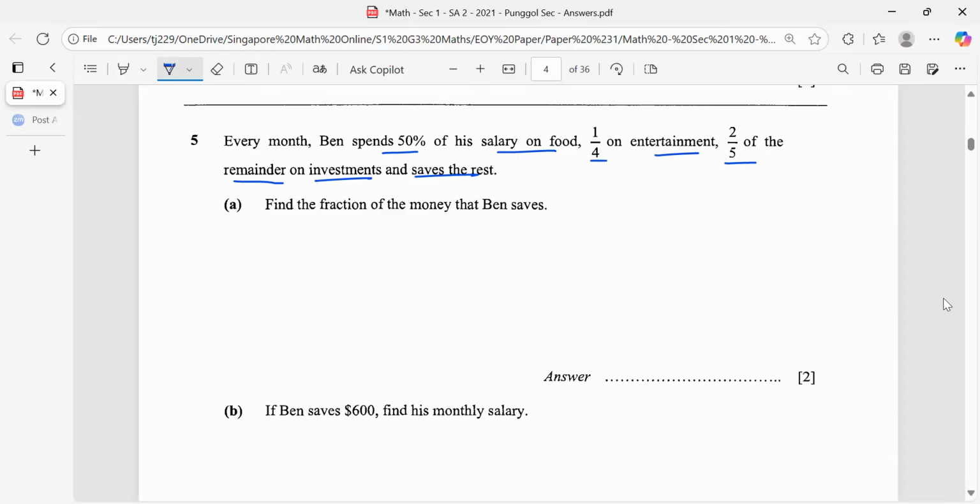Okay, now let's see. I'm going to list them down so that the amount of information is written in an organized manner. We have food that would make up 50%, one quarter on entertainment.